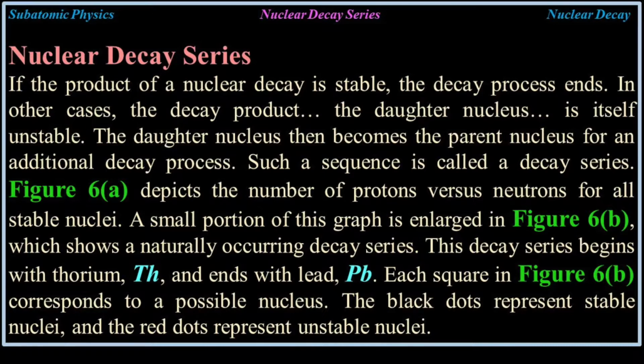Figure 6a depicts the number of protons versus neutrons for all stable nuclei. A small portion of this graph is enlarged in figure 6b, which shows a naturally occurring decay series. This decay series begins with thorium and ends with lead.